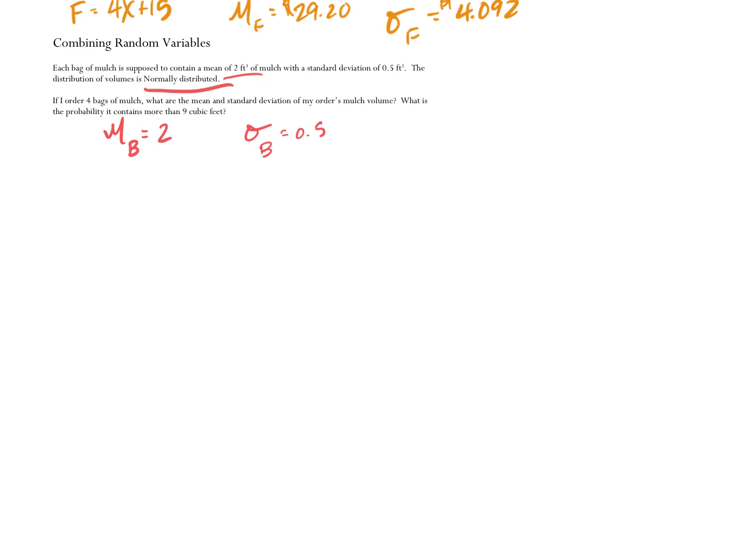No. So I can't just multiply by 4 because multiplying by 4 would assume they're all the same. Okay? So instead, we're going to draw this picture where I do bag 1 plus bag 2 plus bag 3 plus bag 4.